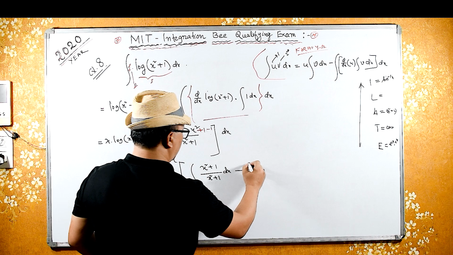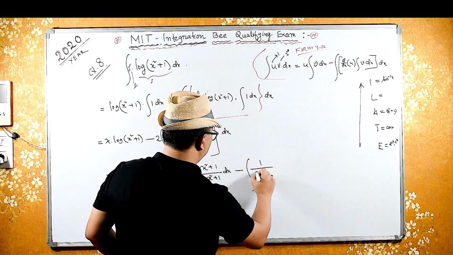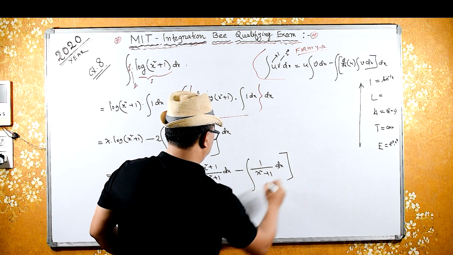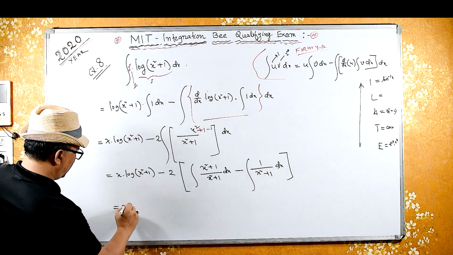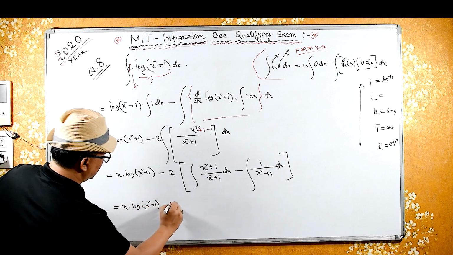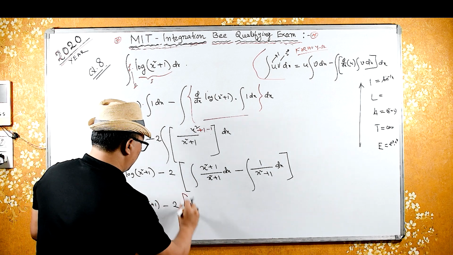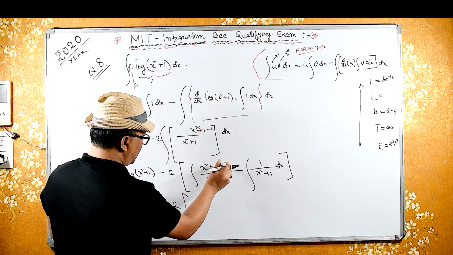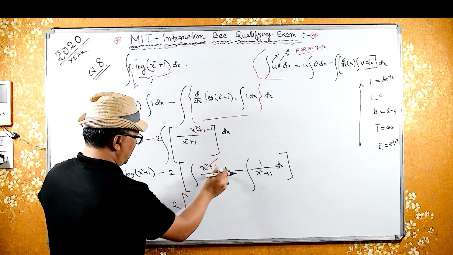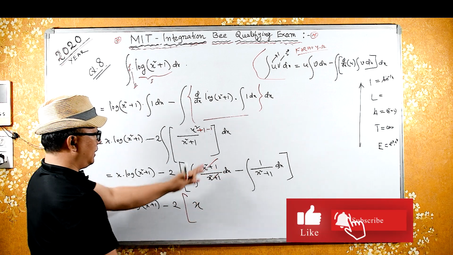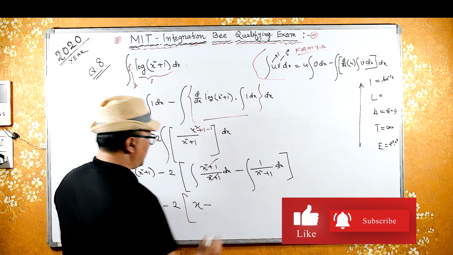Here integral 1 upon x square plus 1 dx equals x into log of x square plus 1 minus 2. Now this gets cancelled, this and this get cancelled. Now we have integral of 1 dx, which is x, minus.